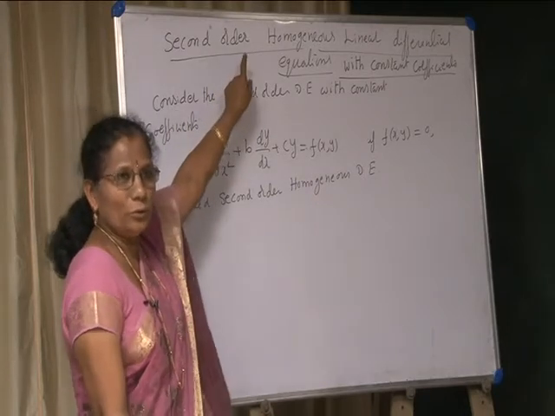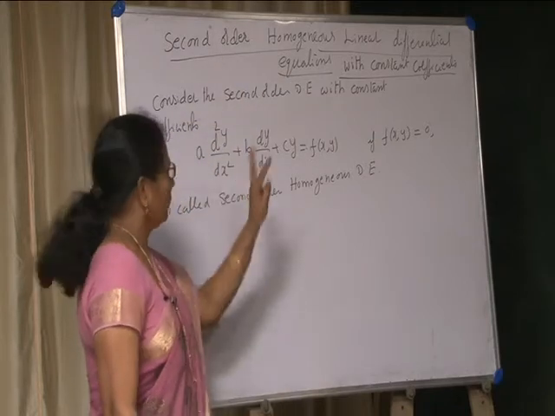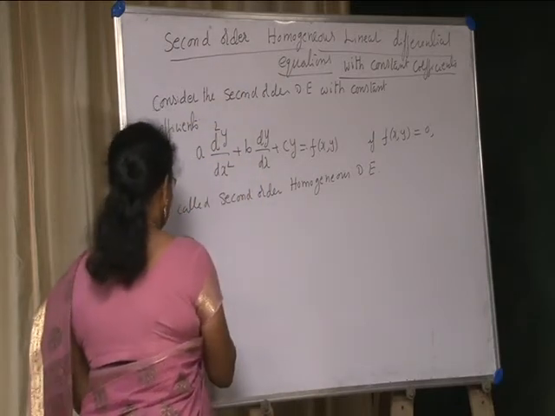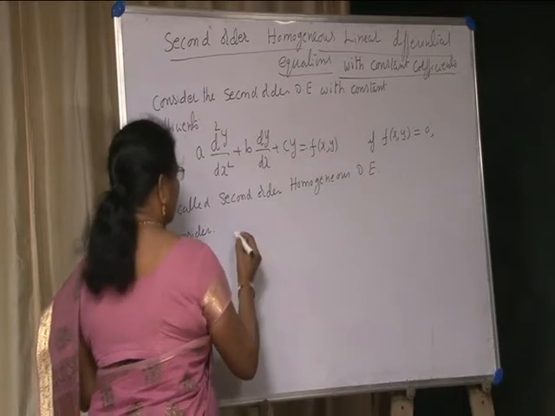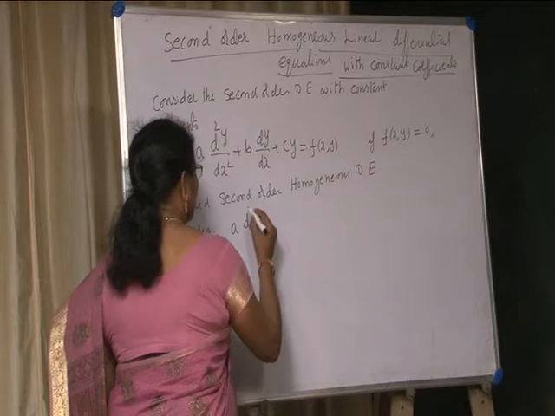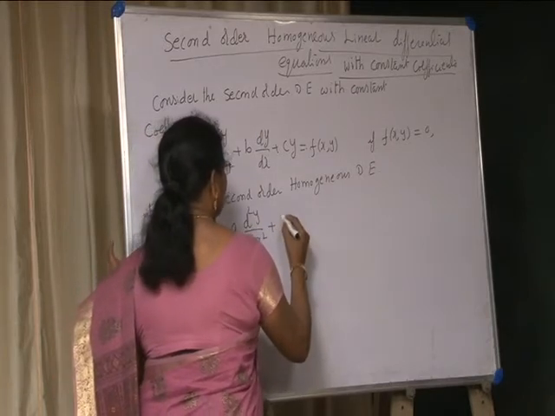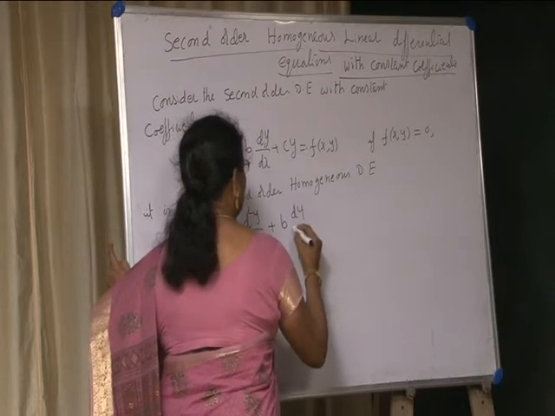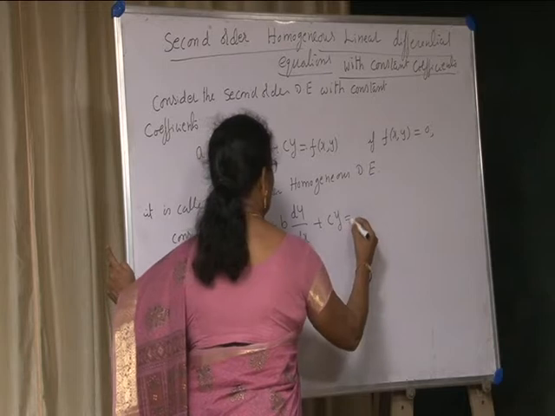Now we are speaking about the second order homogeneous linear equation. Therefore we have to consider a into d squared y by dx squared plus b into dy by dx plus cy is equal to 0.